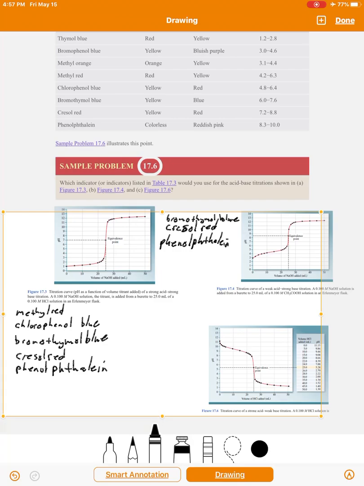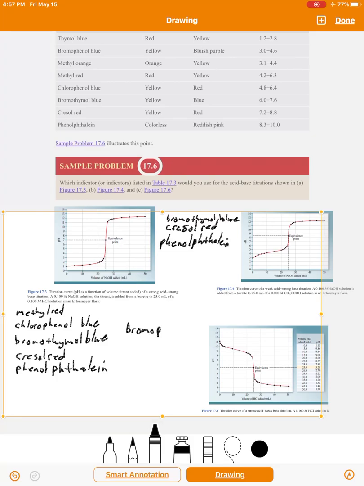And let's see, methyl red, 4.2. That looks okay. Chlorophenol blue, 4.8 to 6. That's right on top right there. So that's not too bad. So probably those would be okay as well. So let's do all three of those. Let's do methyl orange. I'm sorry, bromophenol blue. These are really fun to pronounce.